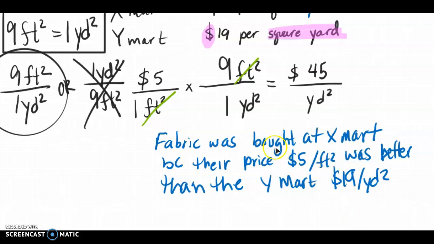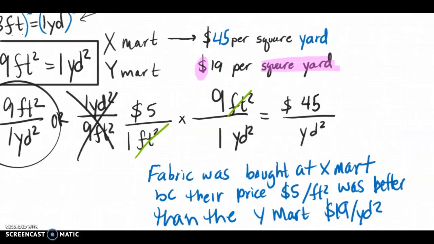So looking at it, when I see this, oh, that's a lower number, that is better, but I can't compare it. It's not apples to apples. I have apples to oranges here. I have square feet, and this is square yards.